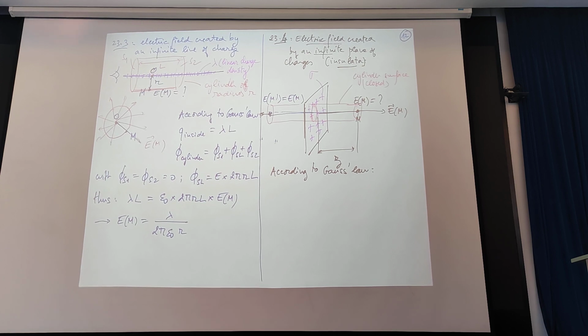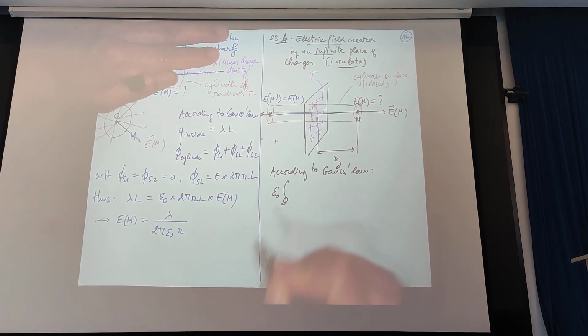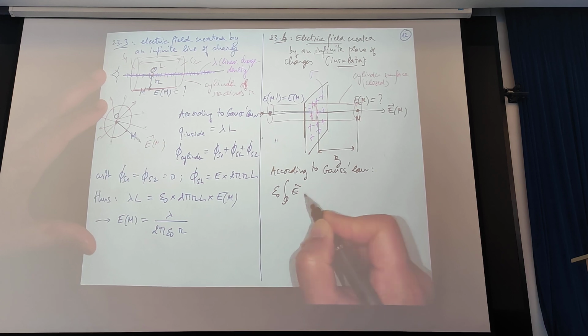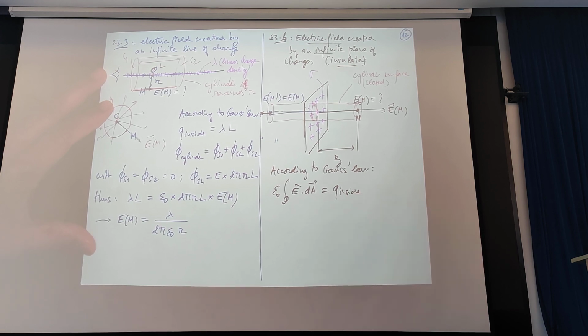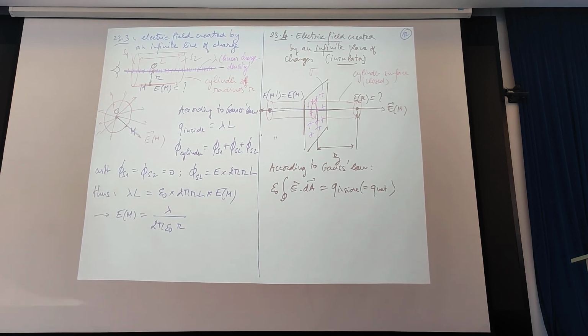So, could you write the Gauss law in that case? The flux across the closed surface is equal to Q inside the surface, which we also call the net charge, but it's just a name.